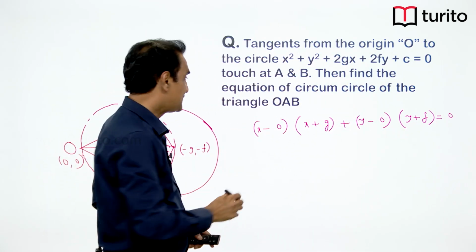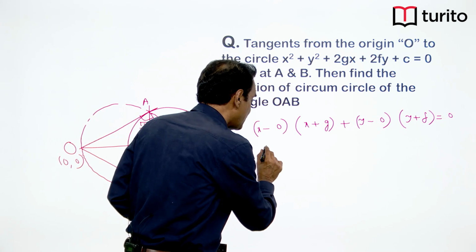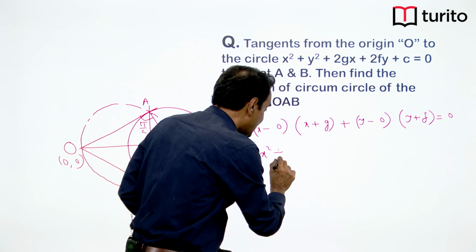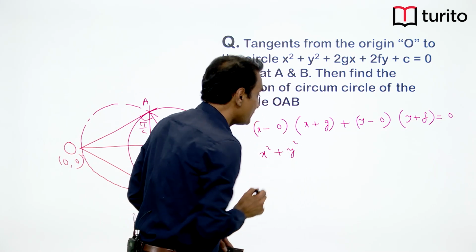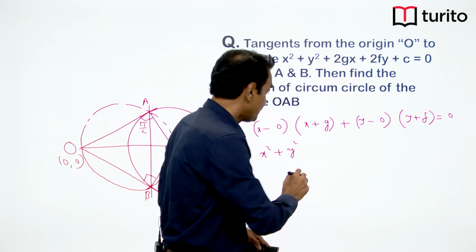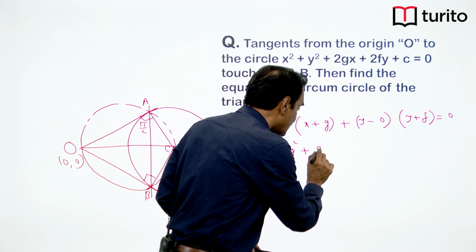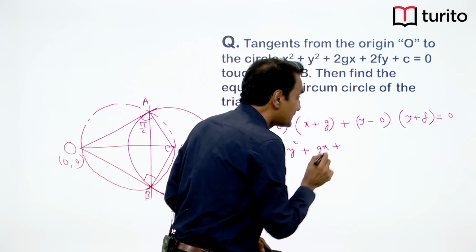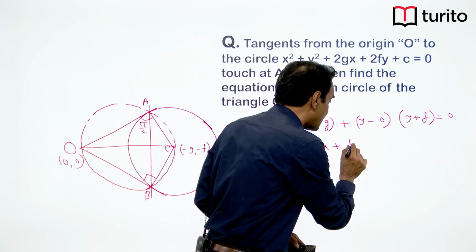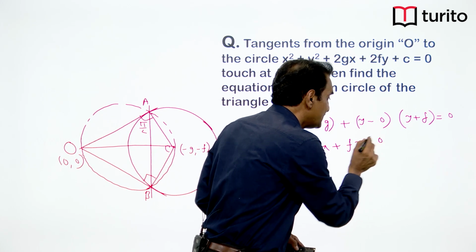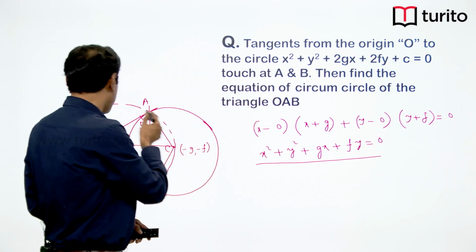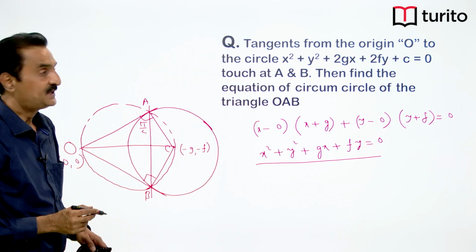Now, simplifying it, you will get x square plus y square plus gx plus fy is equal to 0. So, this is the equation of the circumcircle of triangle OAB, right.